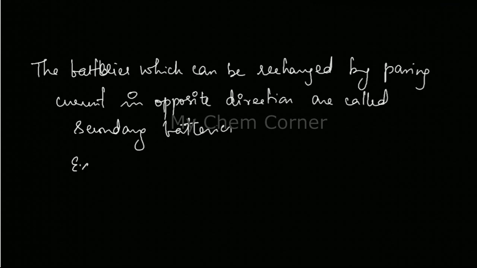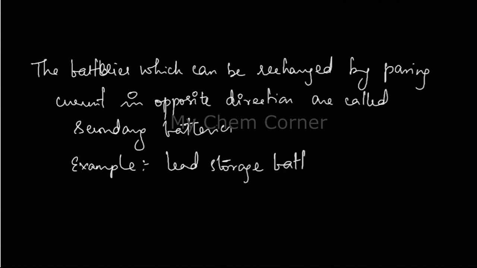Alright, if you're giving an example, you can give an example of, say, a lead storage battery. Okay, or you can give nickel cadmium cell. Any one you can give as an example. Alright, so that is with that question based on electrochemistry.